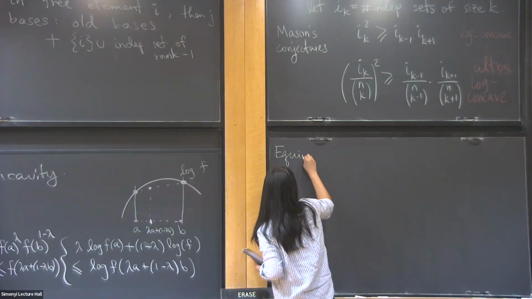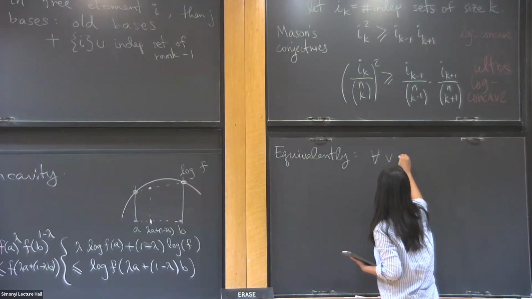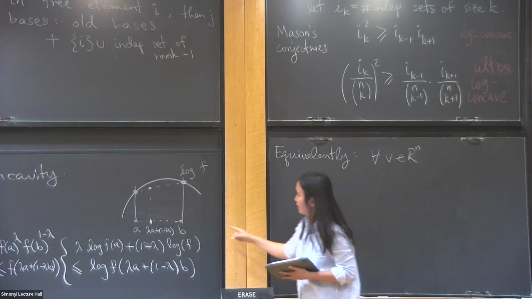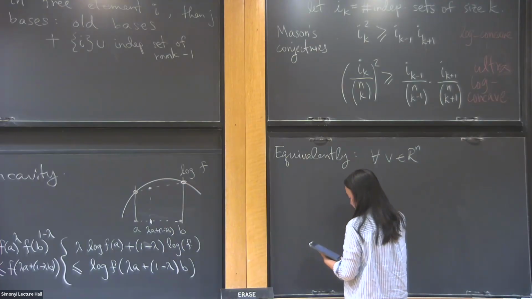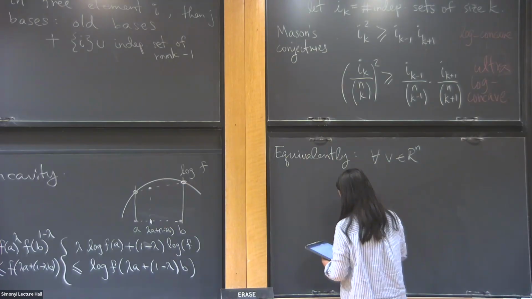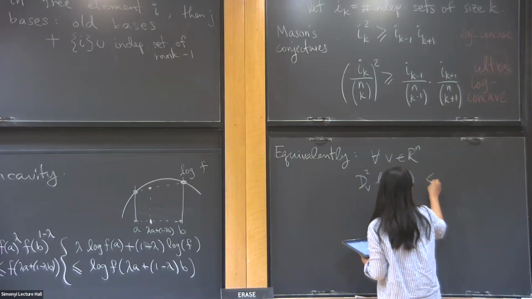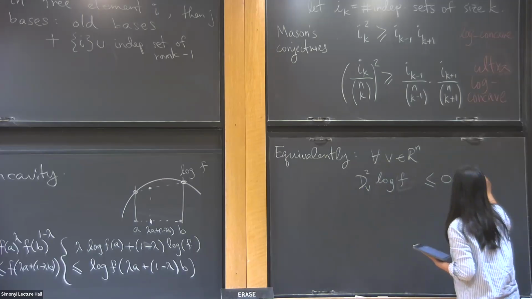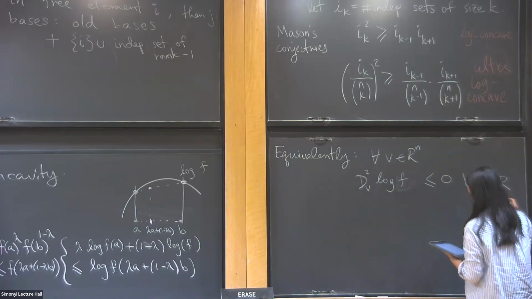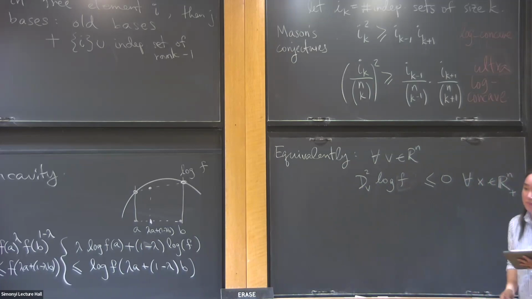Equivalently, if you look at all directions V, which you can think of as directions of the difference between my 2 points, the second derivative in that direction of log f is less than or equal to 0 for all x. Okay, so second derivative test.